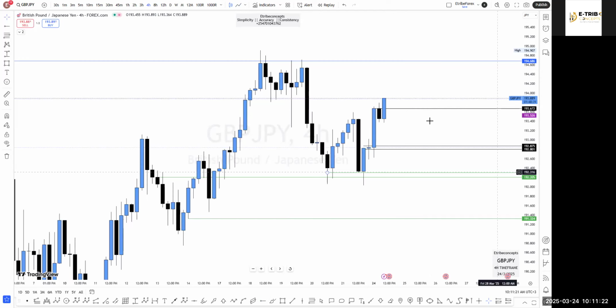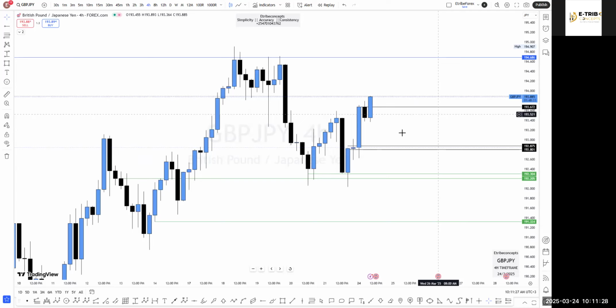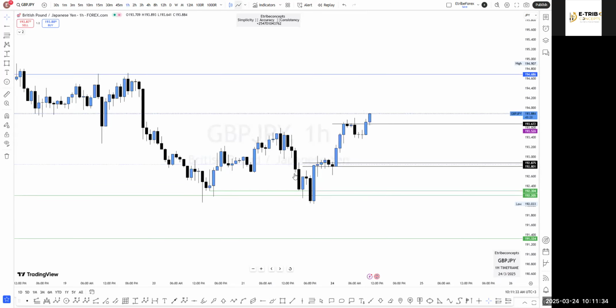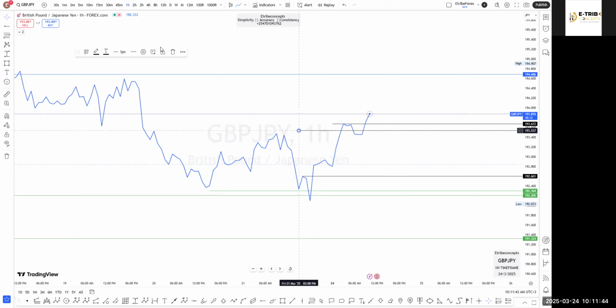We have like 1 hour 48 minutes before the 4 hour candlestick closes. So if I check on 1 hour and see what is happening, I can clearly see that we had these. Yes, we had that zone.